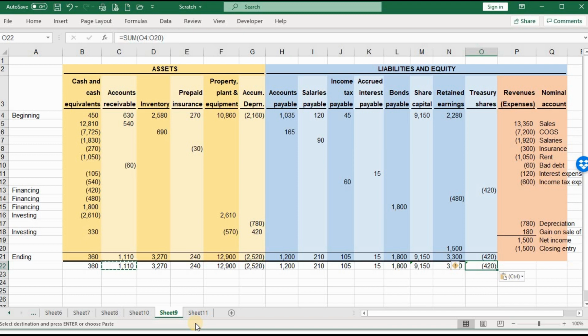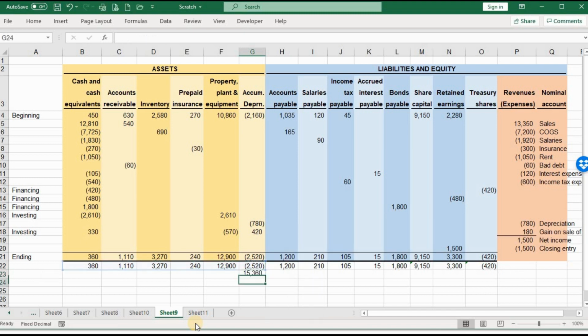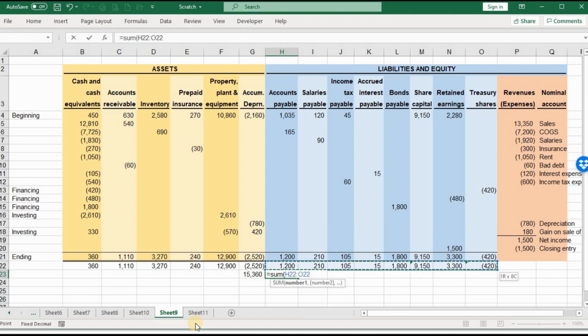Now let's check whether the total balances will maintain an equal accounting equation. So the total assets is 15,360. Then the total liabilities and equity is also at 15,360. Now the accounting equation is complete.